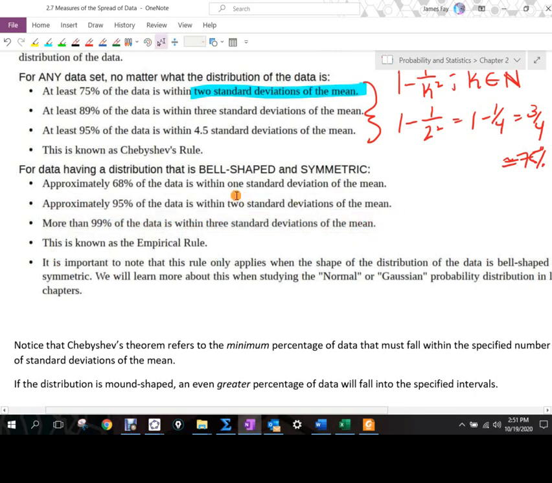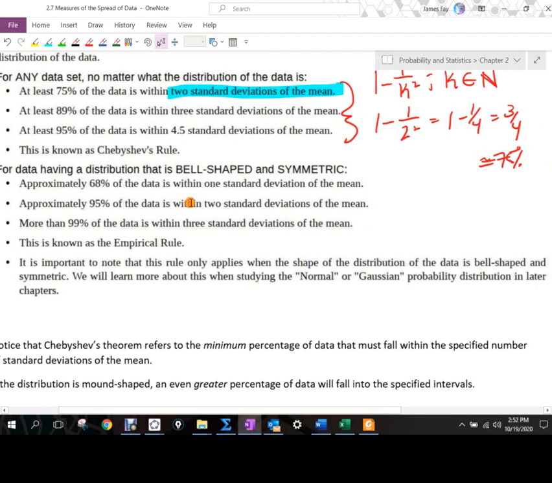For the 95%, it's actually like 1.97 standard deviations or something like that, but we just round it to 2. Does that make sense? Okay.